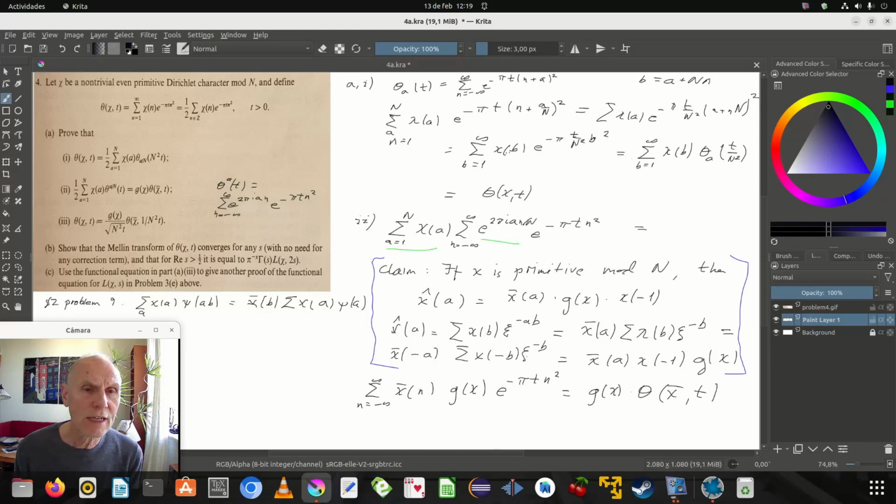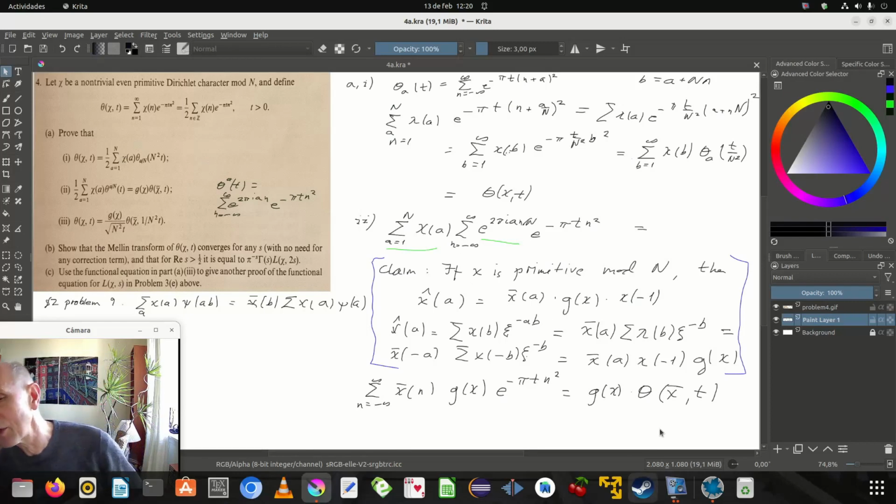Now, for the next, I believe we must have t in the denominator here. And that means that we shall use the transformation formula for theta A. I'd rather do this on a blank page, so I have to copy this over to be able to see it.